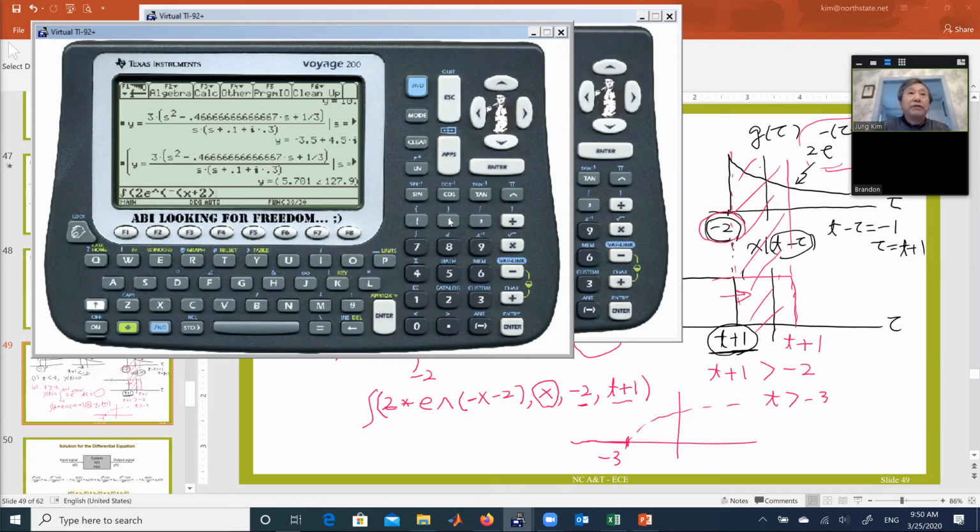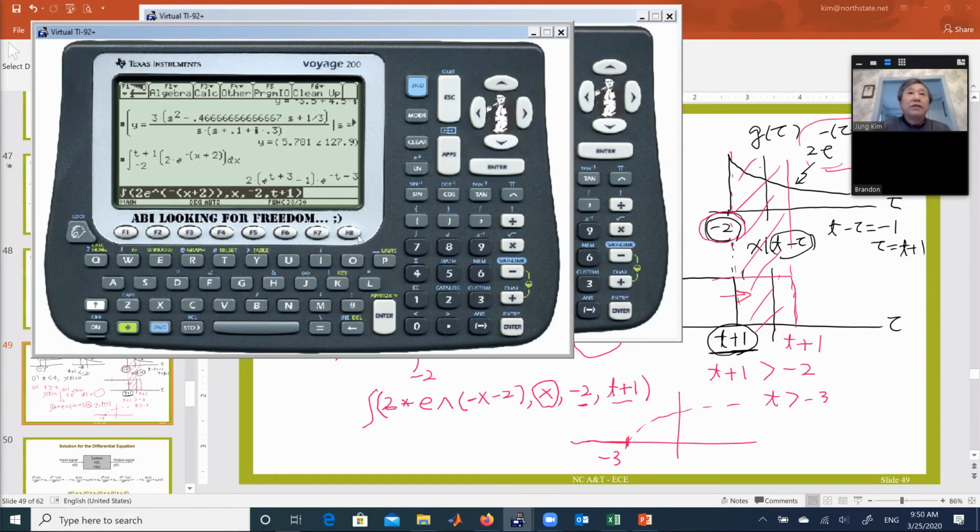I'm using parentheses and then the gamma function of x, gamma from minus 2, gamma, t plus 1, t plus 1. You can see, right? You can see? Yes. Yeah, this is it.